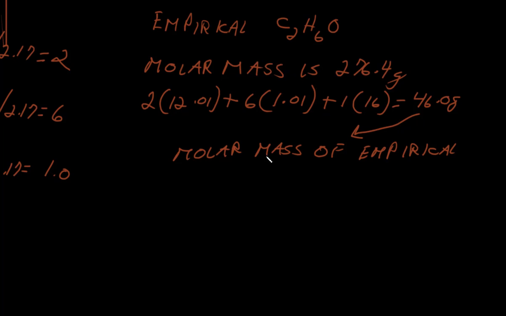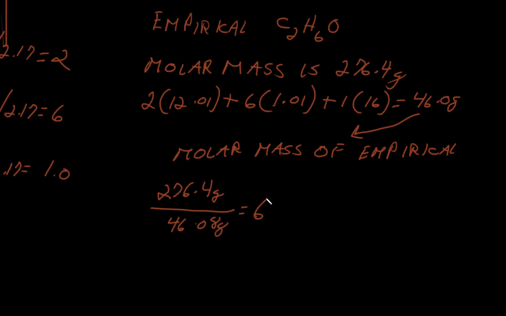So if we take our molar mass of 276.4 grams and divide it by our empirical mass of 46.08 grams, we see that comes out to 6. So our empirical mass is 1/6 of the molar mass, or you can think the other way around. The molar mass is 6 times larger than the empirical.